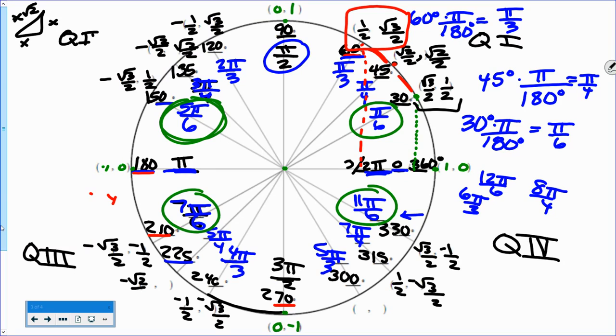Both x and y would be negative in quadrant 3. Square root of 2 over 2. Oops, I wrote that in the wrong place. This would have been 1/2 and negative square root of 3 over 2. This was my pi over 4 angle. So this would have been square root of 2 over 2 and a negative square root of 2 over 2.